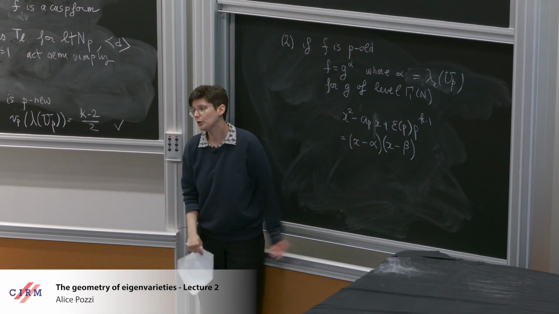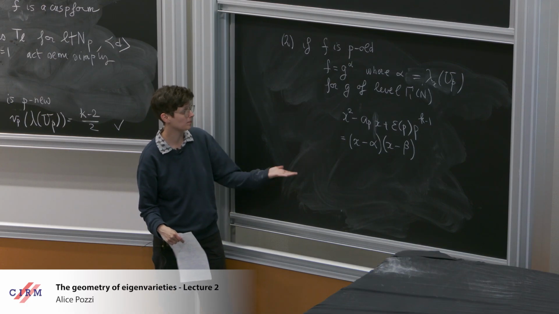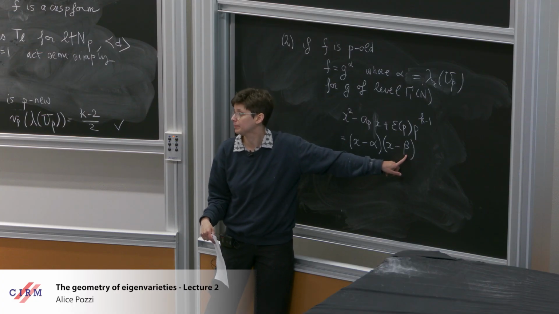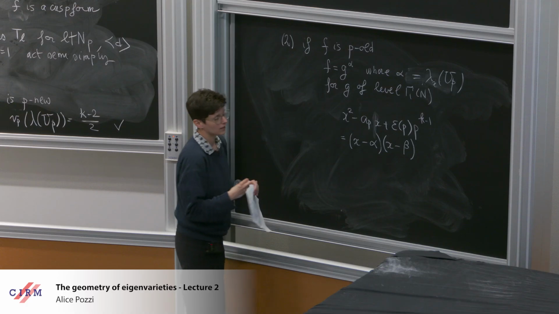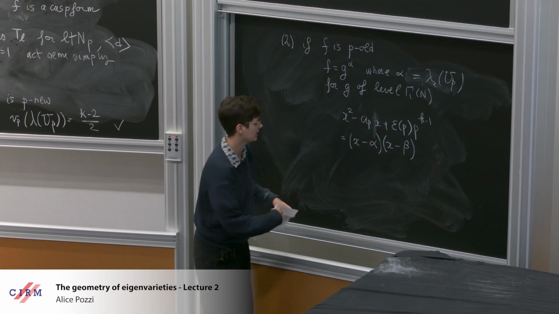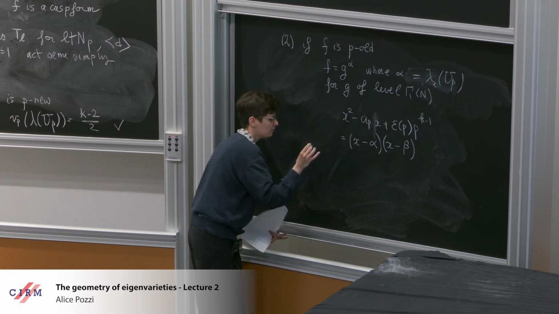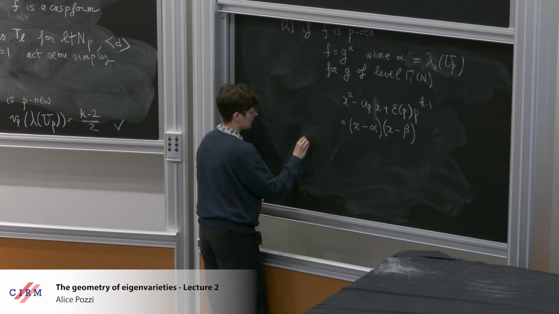So the only way for this to not be semi-simple is that the root here is repeated. I can rule that out by demanding that. I'm just going to introduce notation because it will come back.